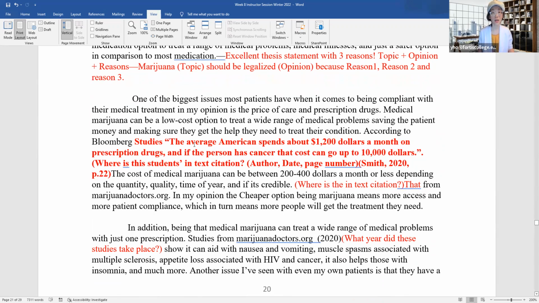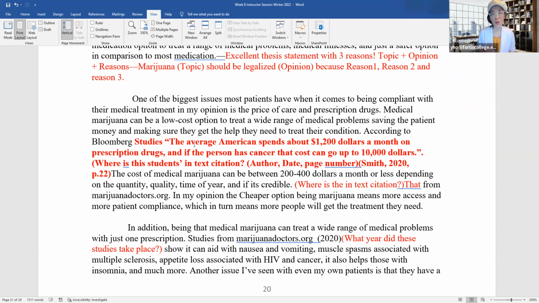So whenever you use numbers of any kind, whether it be statistics, dollars and cents, dates, any kind of number, you have to put in where you got that number from, because somebody spent a lot of time doing that research and you want to give that researcher credit for coming up with that number. If you don't use an in-text citation and you don't give that researcher credit, then you are committing plagiarism.